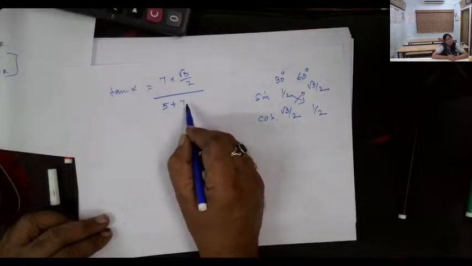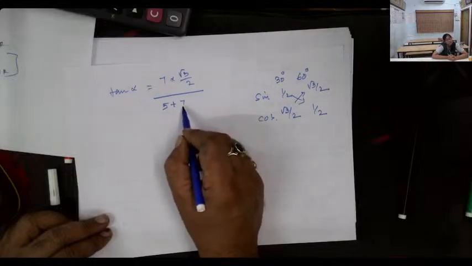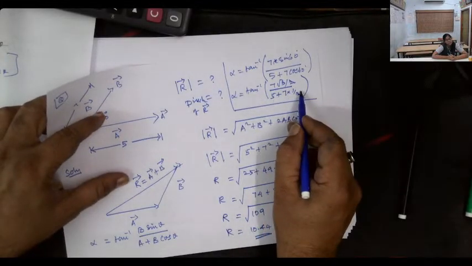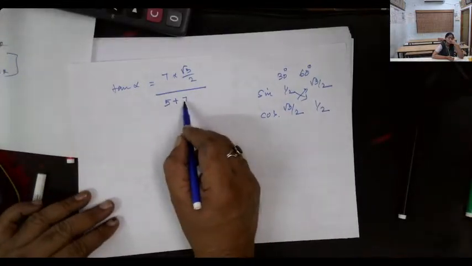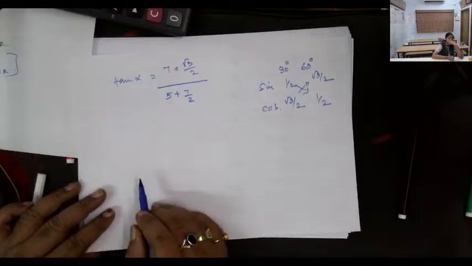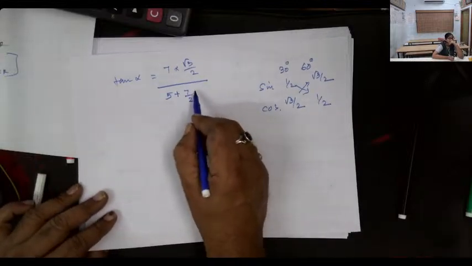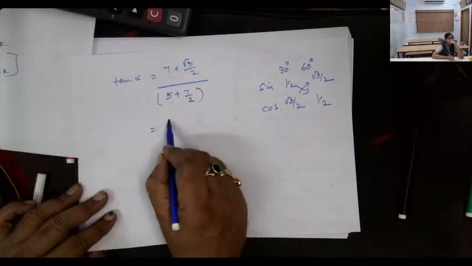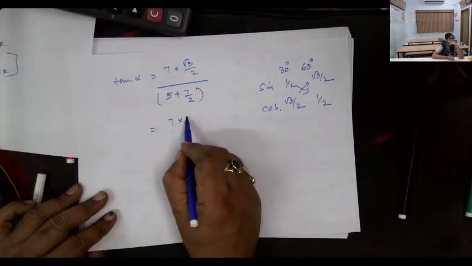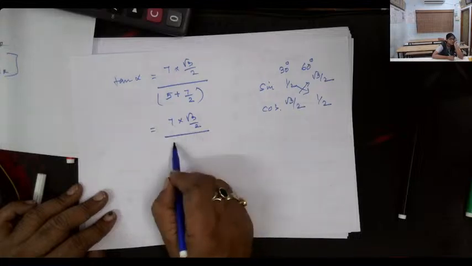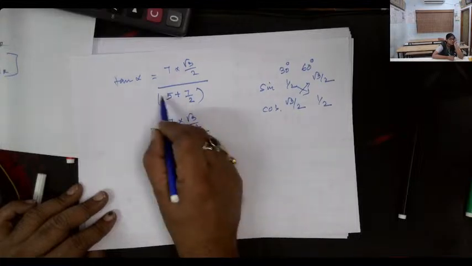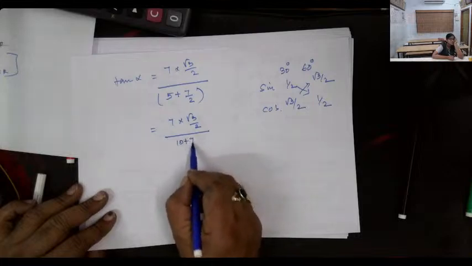Here there is a plus, so we cannot cancel, I made a mistake. We have to write separately. So 5 plus 7 by 2, 7 into 1 by 2 is 7 by 2. So that is 7 into root 3 by 2 whole divided by, 5 2s are 10, so 10 plus 7 whole divided by 2.